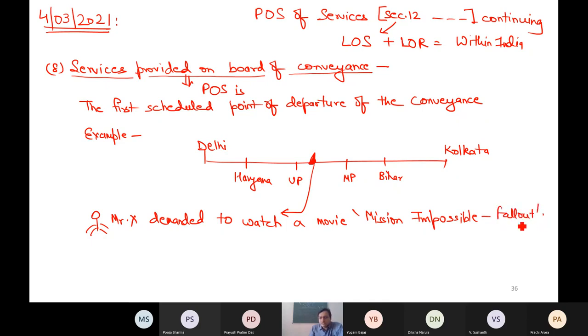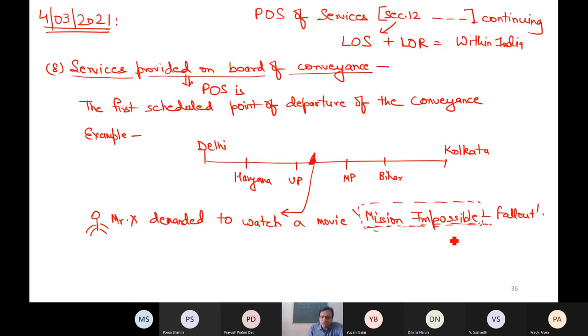It's a very good series of movies. If you have not watched it, you should try. Tom Cruise is the lead actor. It's very interesting. Around 6 or 7 films in the series have come, and the next one is already being made and will come soon.